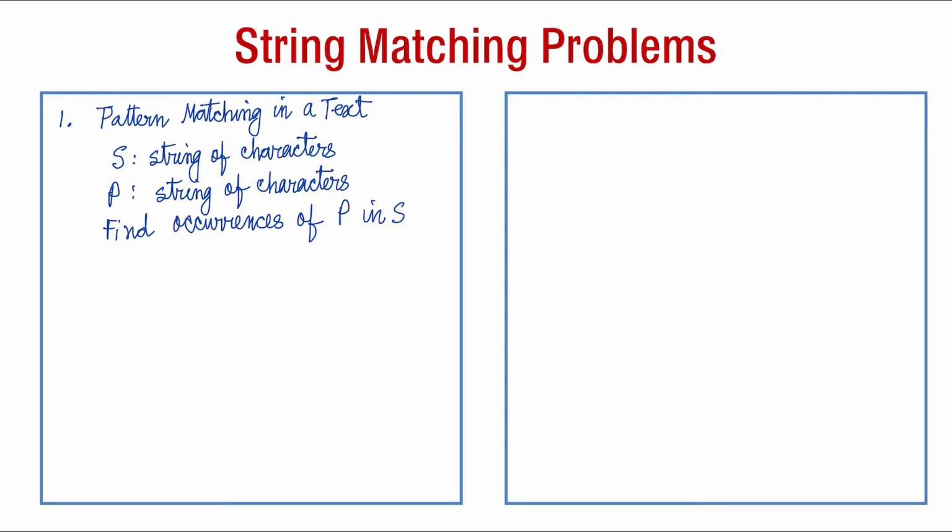This is a typical problem found in a large number of texts, where given a text file, we want to find out whether there is a pattern, and all of us have used this. And here this pattern matching in a text could be an exact match, or it could be an approximate match.